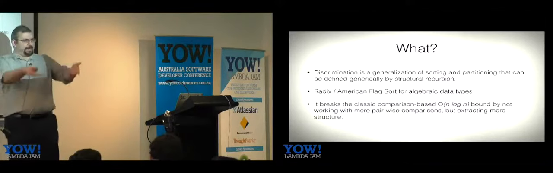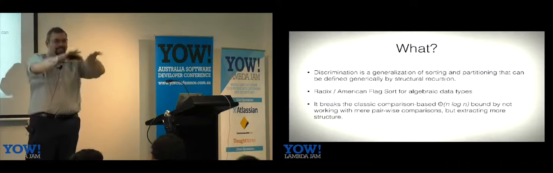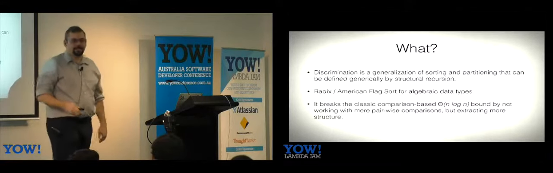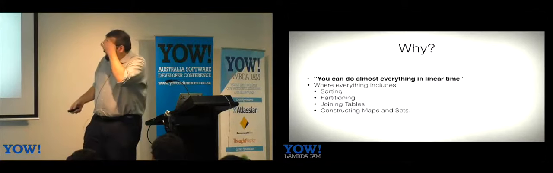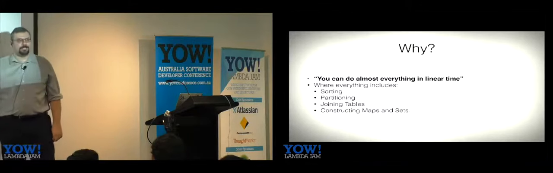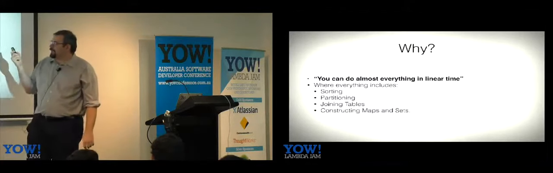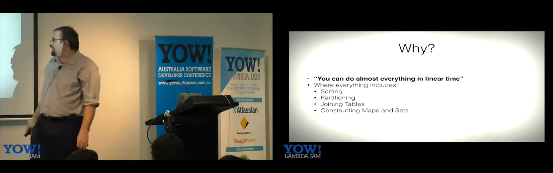Now, radix sort worked bottom up from the least significant bits up, and American flag is a slight tweak on that to work top down. So again, the key here is that what I want to show is that we can do almost everything we want to do in linear time, and that includes sorting, partitioning our data into equivalence classes, joining tables.